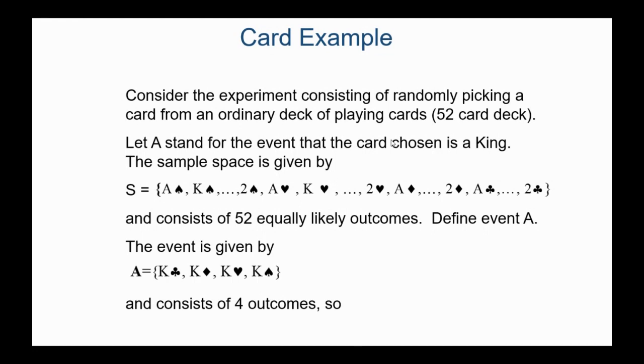So our event has 4 outcomes in it. So what's the probability then of getting a king?